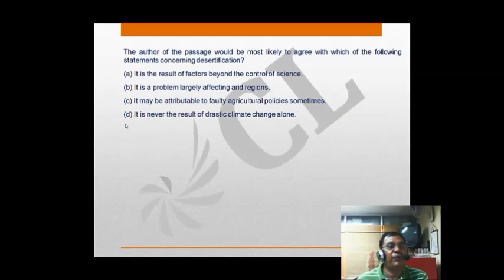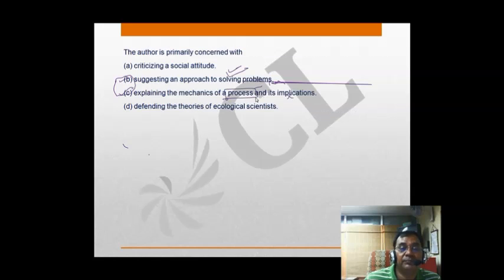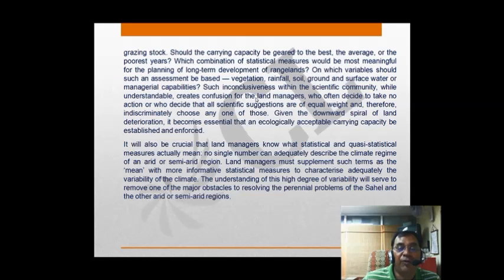Which of the following is most likely the result of factors beyond the control of science? No, that's what he's saying, that you have to get the carrying capacity. So the first one cannot be the answer. It is a problem largely affecting arid regions? No, you just saw in Sahel, it can affect any time if more people are there. So, it may be due to faulty agricultural policies. Yes, I had read somewhere about agricultural policies.